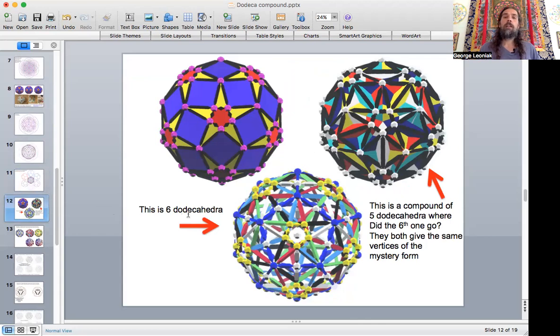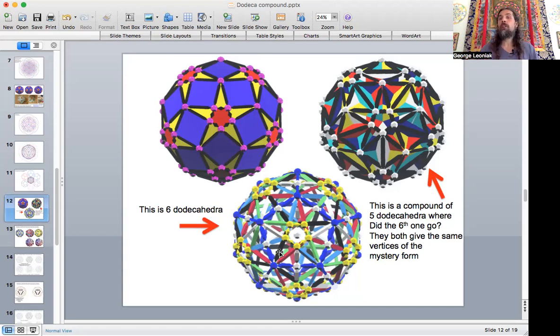So let's walk through this form a little bit more here. When I first discovered this, I did this drawing in the Zonepad, connecting and making the form. And I went to bed that night and I thought, I think I did 5 dodecahedron in there, because I knew there was a 5 dodeca form.